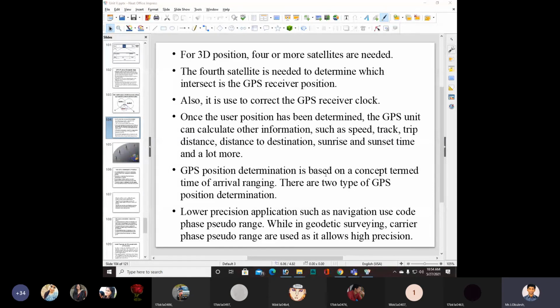There are two types of GPS position determinations. Lower precision applications such as navigation use code phase pseudo range, while in geodetic surveying, carrier phase pseudo range is used as it allows high precision.